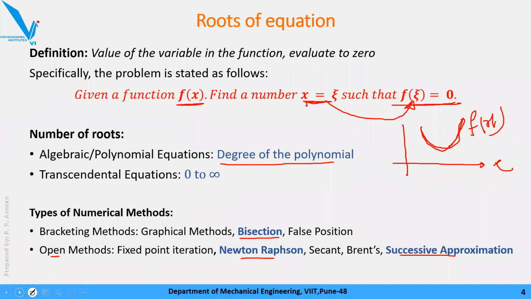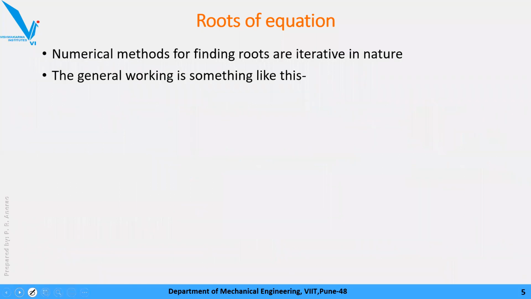Next, all these open methods and bracketing methods run with a similar algorithm or almost similar procedure. All these methods are iterative in nature and their working is something like this. We start with some approximation, we take a guess that we will start with x equal to some value.